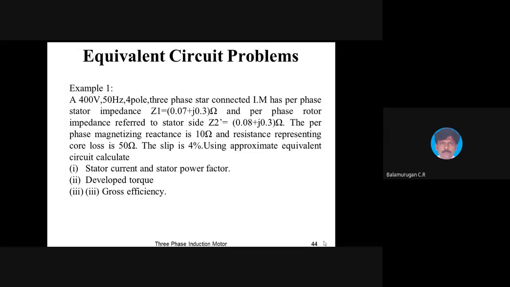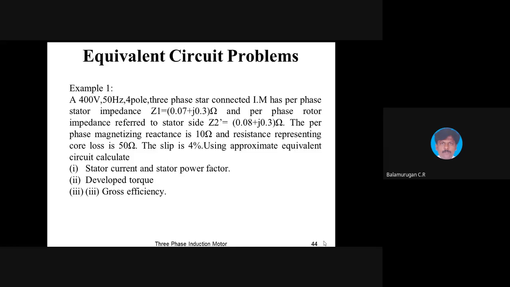You are supposed to calculate the power in. So power in is equal to 3 V1 I1 cos phi 1. So efficiency will be mechanical power 65946 divided by power input.